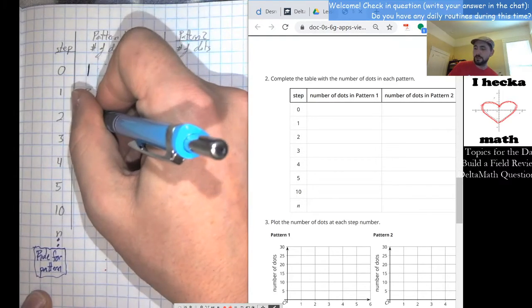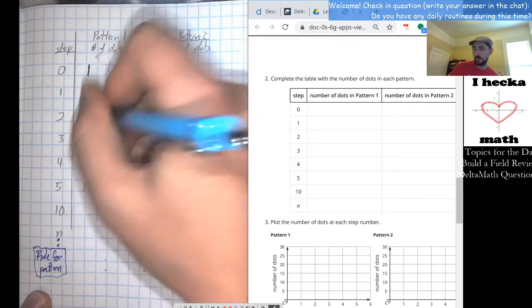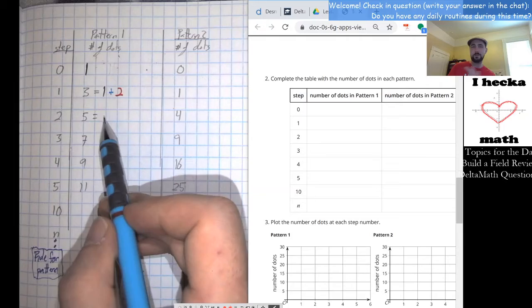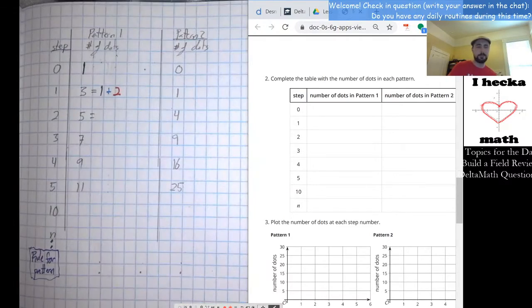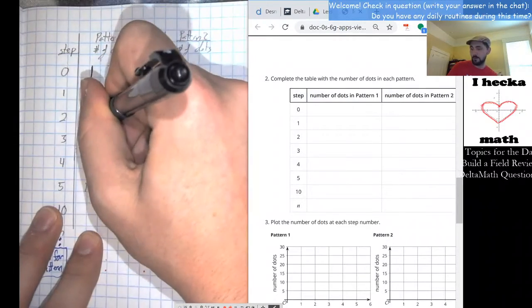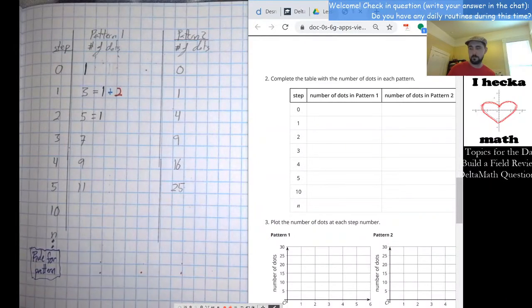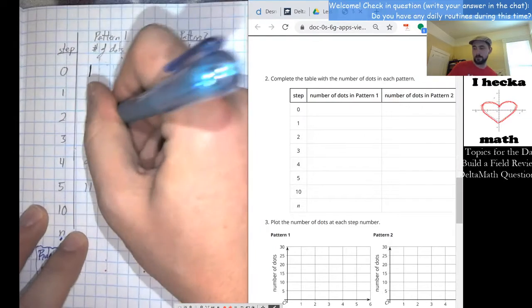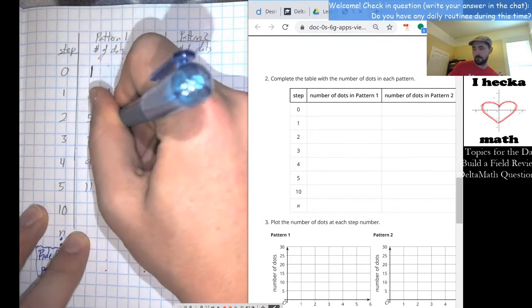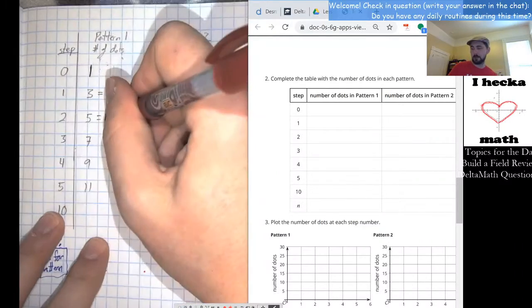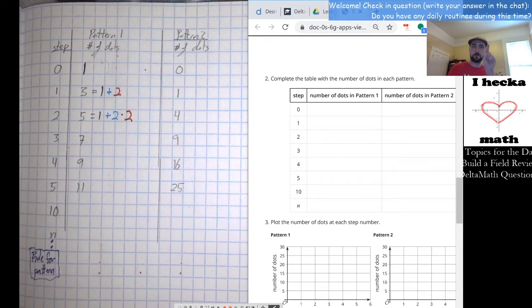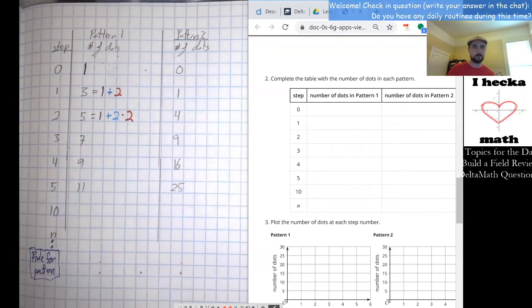Okay, we could say that the 5 came from the 3 plus the 2 extra dots, but I'm going to say it a little differently. I'm going to say that the 5 came from this 1 but then we added 2 pairs of dots. 2 pairs of dots.